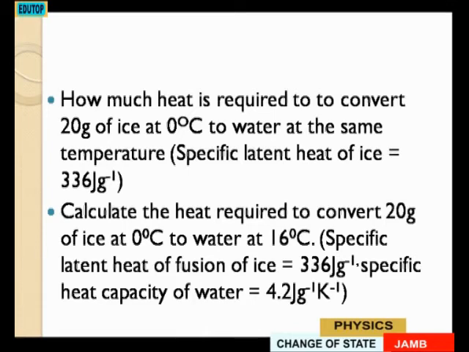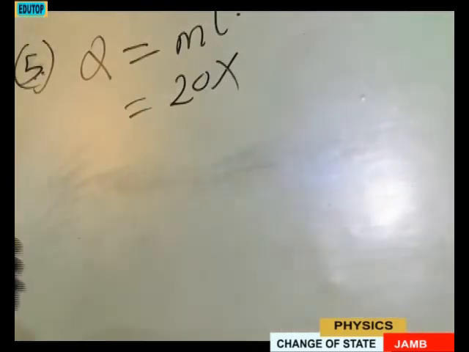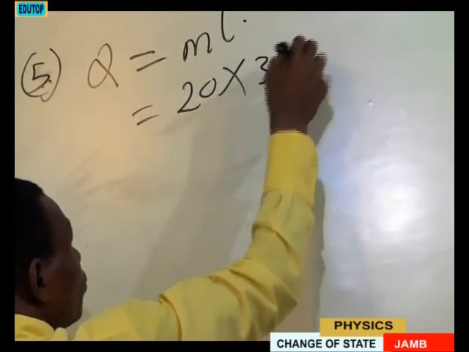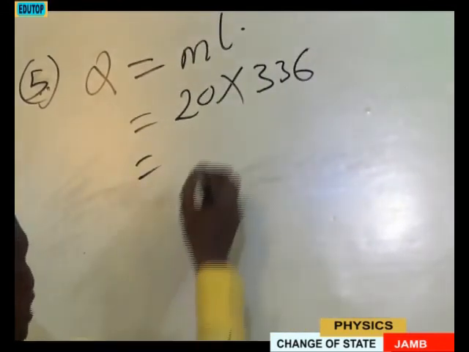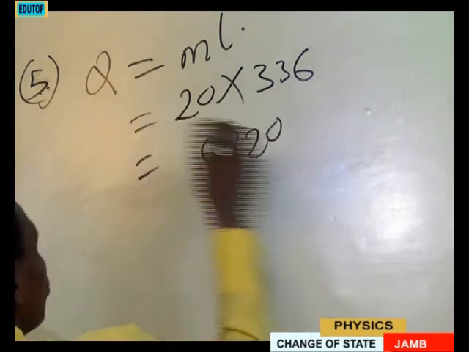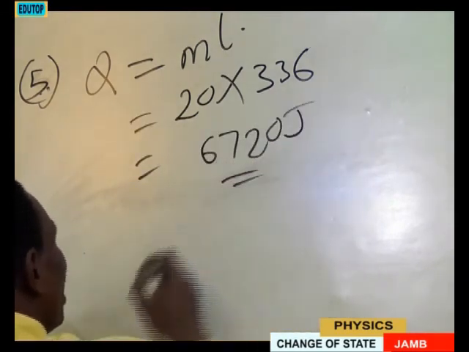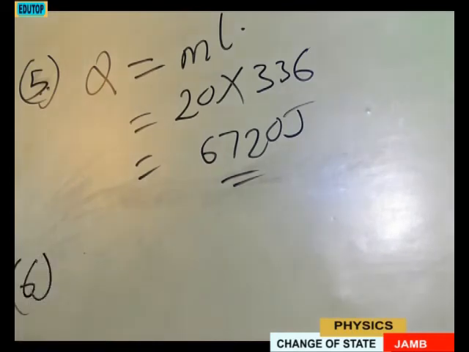The quantity of heat is ML, with mass 20 and L equal to 336. Multiplying that together, we have 6720 joule. That's the answer to question number 5.